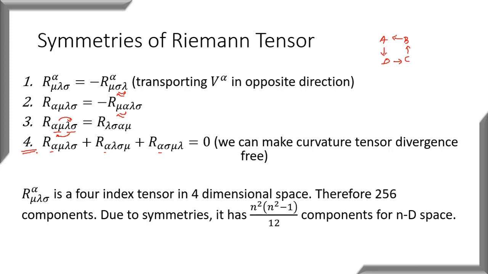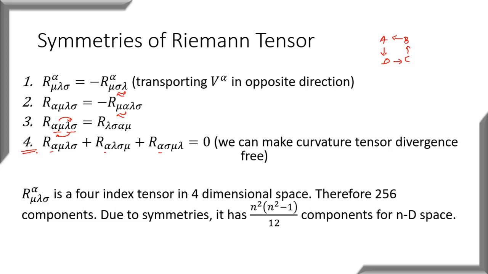Actually, this Riemann tensor, as you can see, is a 4-index tensor and it is defined in a 4-dimensional space. As per our first rule, as we have learned in our first lecture, this should have 256 components. But you can see that this Riemann tensor has got many symmetries, and these symmetries boil down the number of components to n squared times (n squared minus 1) divided by 12 in an n-dimensional space.